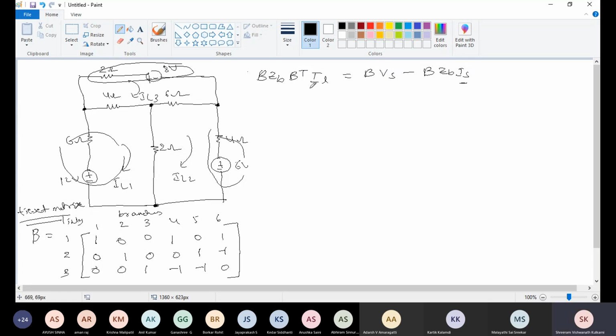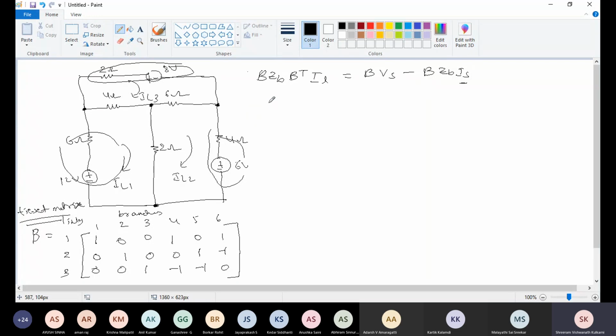How do I write this KVL equation? If you go to the last class videos, you will get to know, because in the basic KVL equations, how we write the equilibrium equation for a network is explained there.